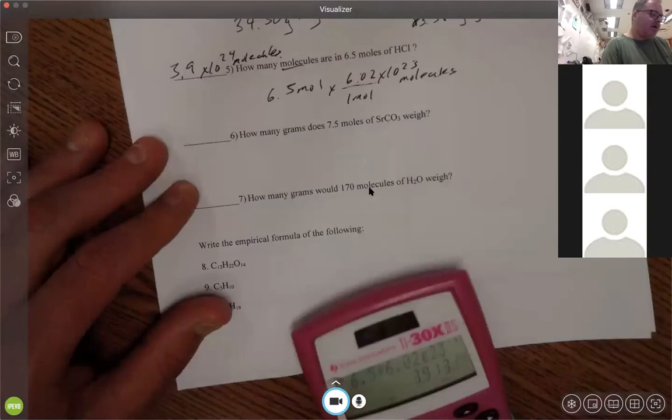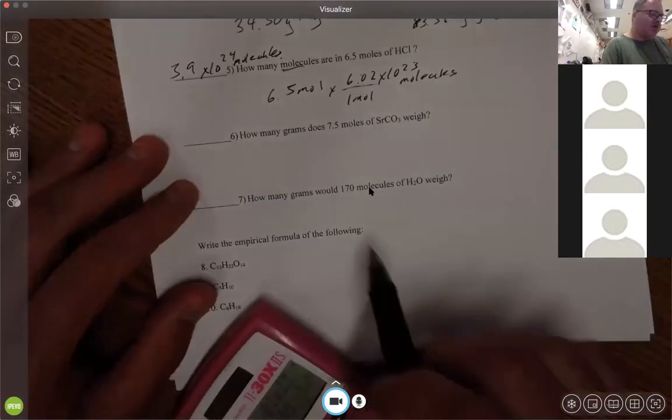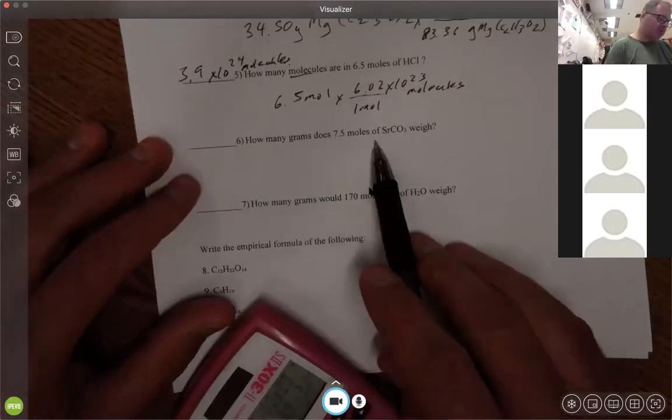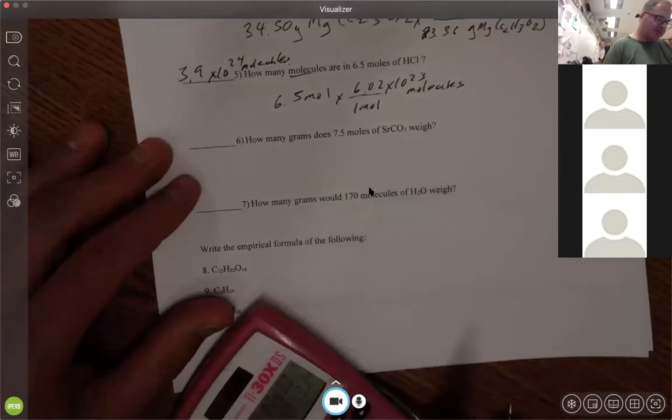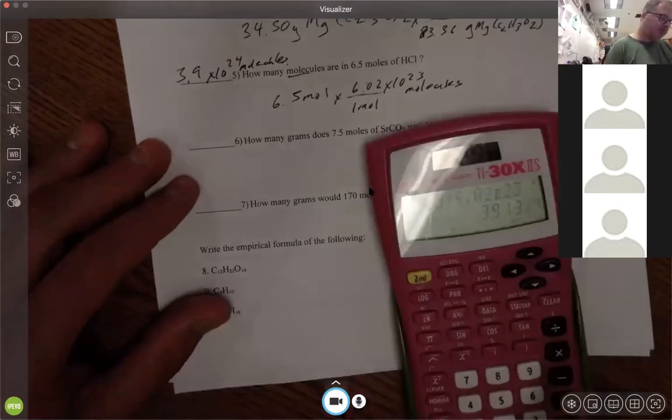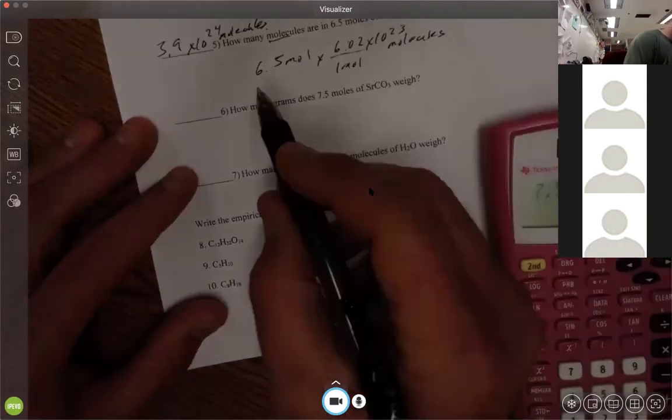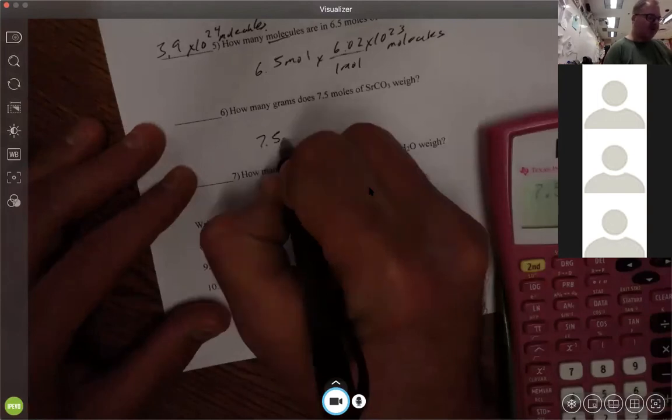Six. How many grams does 7.5 moles of strontium carbonate weigh? We have 7.5 moles. We have to look up strontium carbonate.